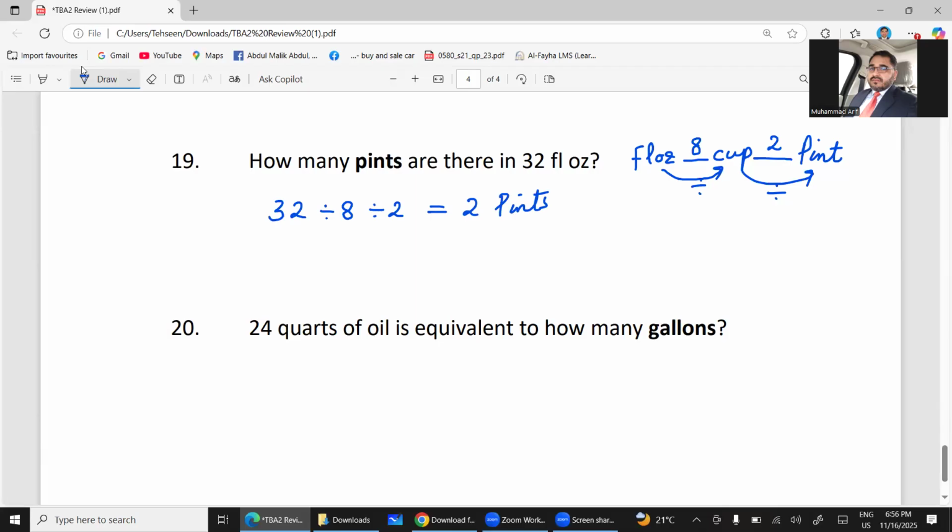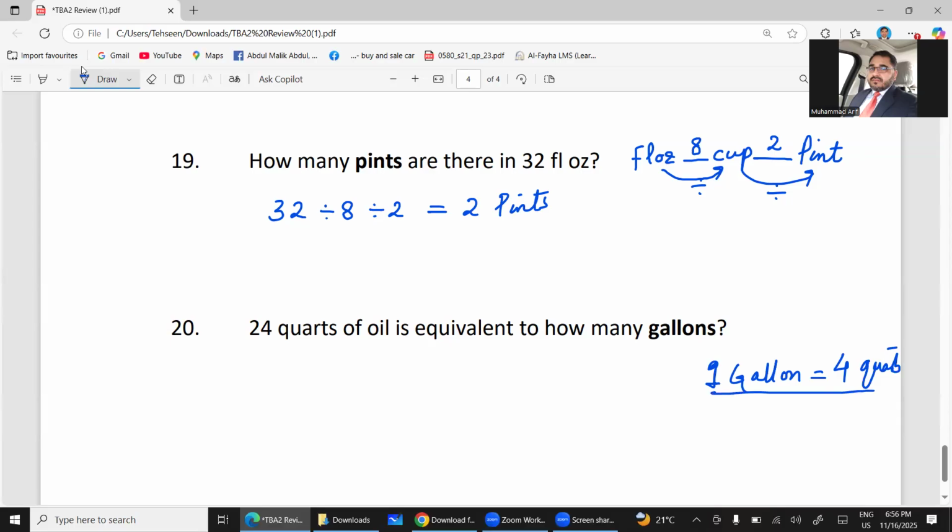Now question number 20 is 24 quarts of oil is equivalent to how many gallons? You know, 1 gallon will be equal to 4 quarts. 1 gallon equal to 4 quarts.